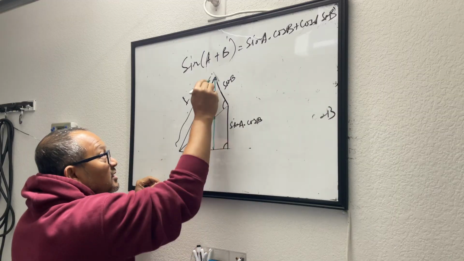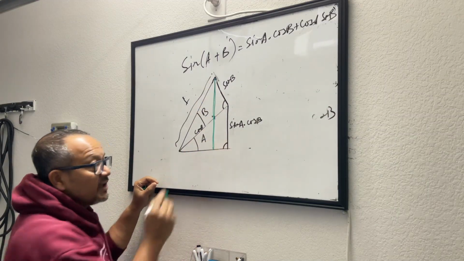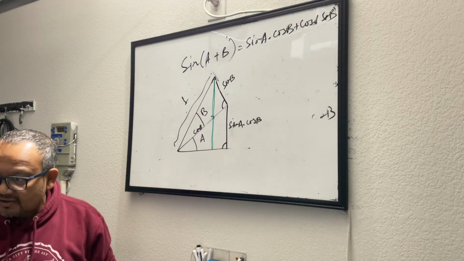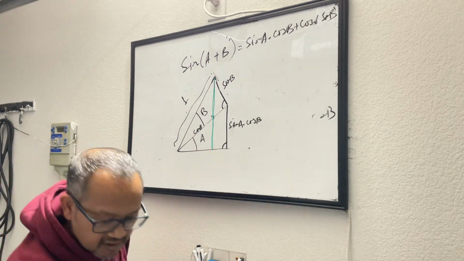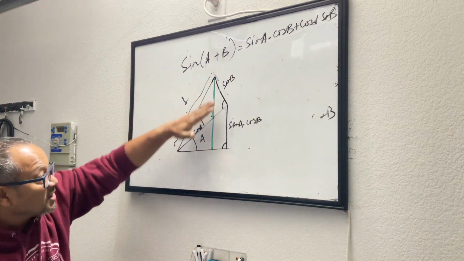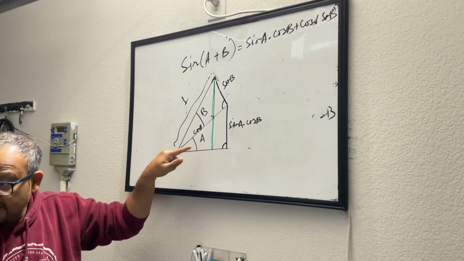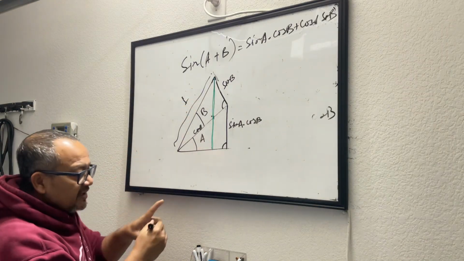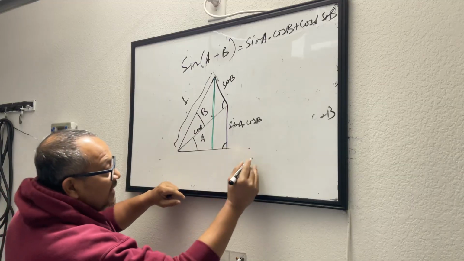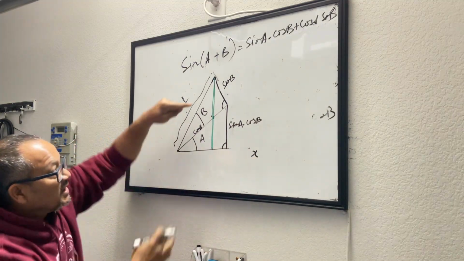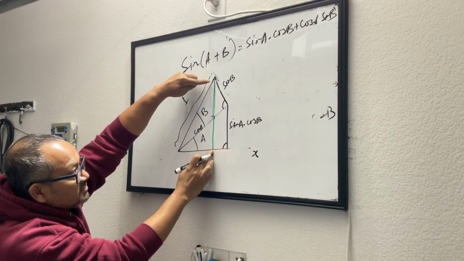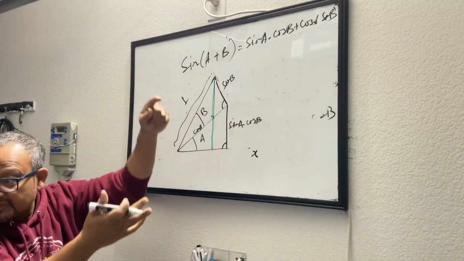Yeah, this is better. If I'm trying to find out the length of this green line or line segment, whatever you call it, this is part of this right angle triangle which has angle A plus B. If this green line is, let's say, x. I know I'm using x for everything that is not known, okay?